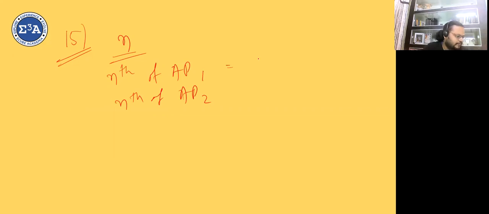AP1 is given as 63, 65, 67, and AP2 is given as 3, 10 and 17. These are the two APs. So he is asking for what value of n these two terms will be equal.